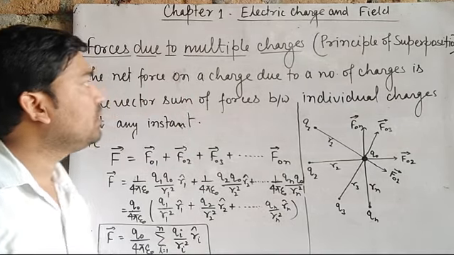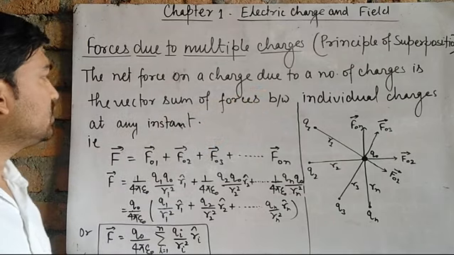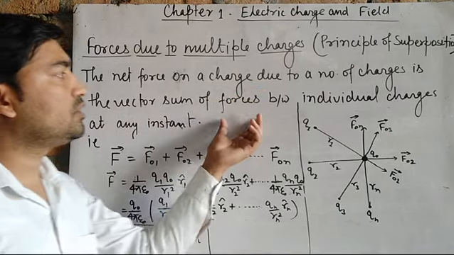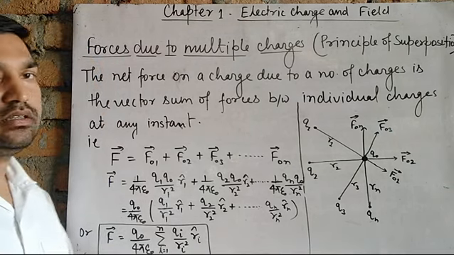According to this principle, the net force on a charge due to a number of charges is the vector sum of forces between individual charges at any instant.